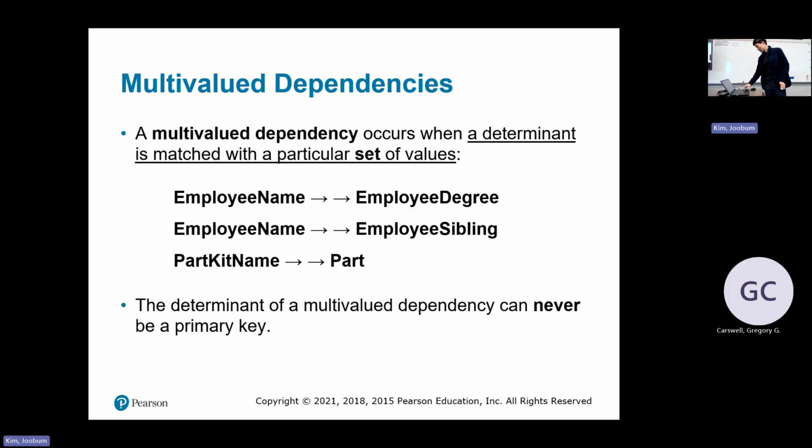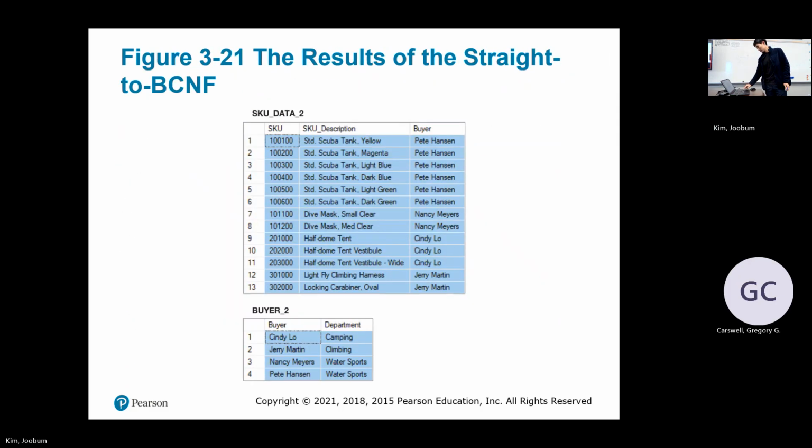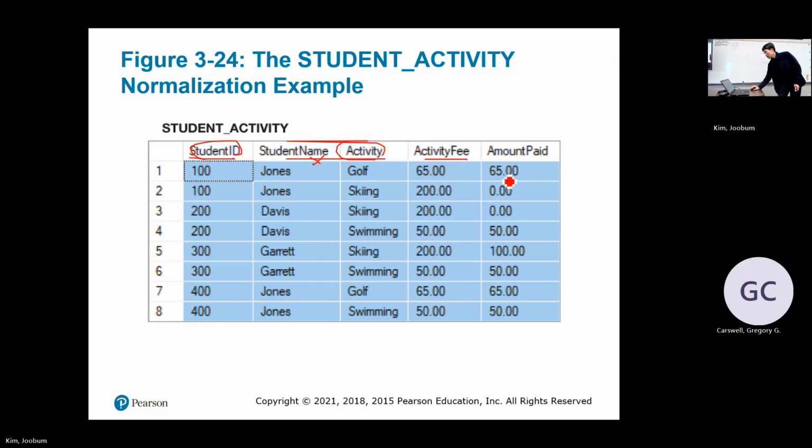Here, student ID 100 is associated with golf and also associated with skiing.